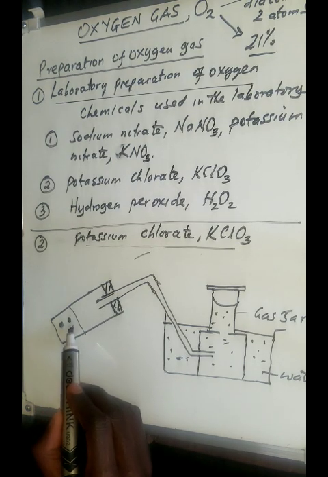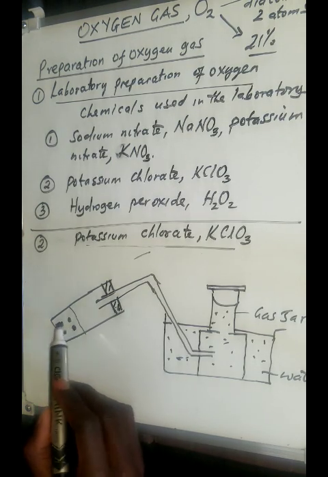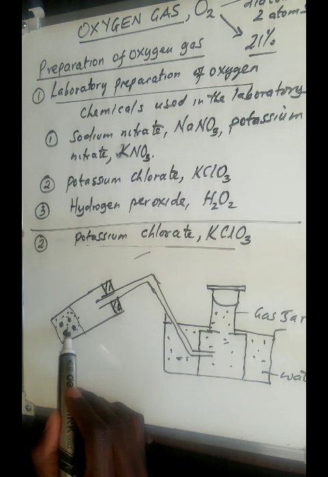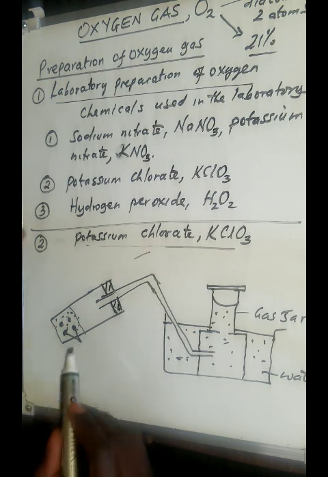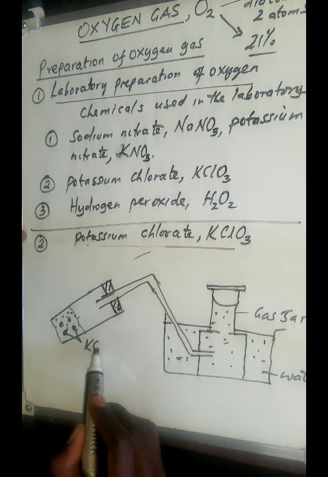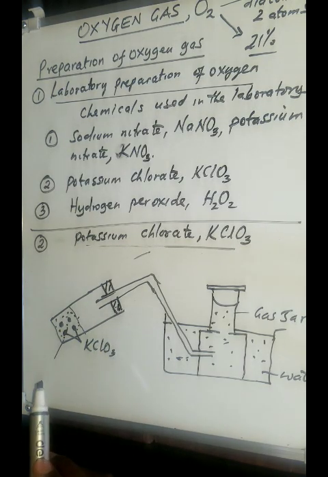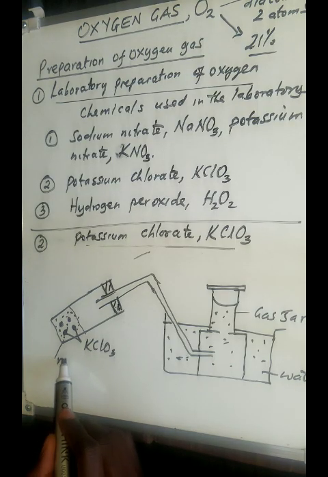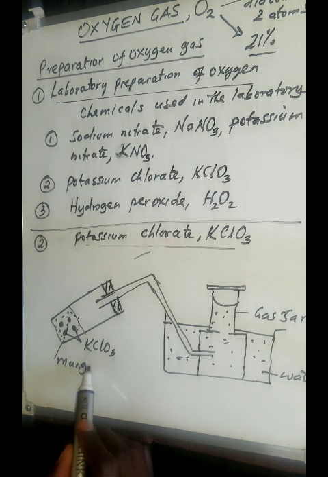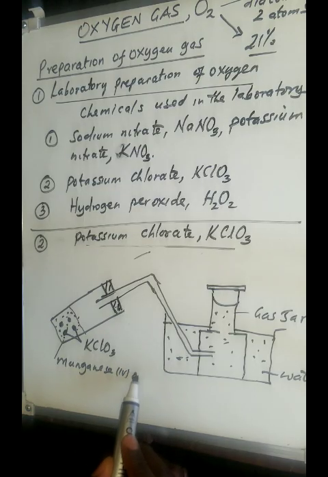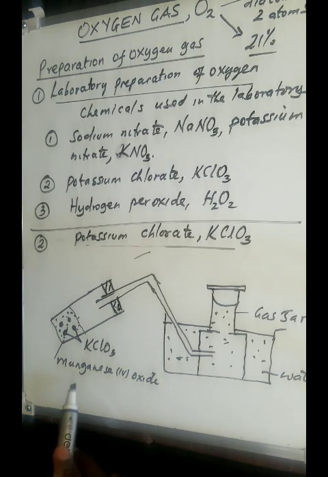So let me say we can have some lumps inside there. So the lumps there, the bigger ones there, are representing potassium chlorate. So that is potassium chlorate, and of course maybe the powder there is what we are calling manganese 4 oxide.